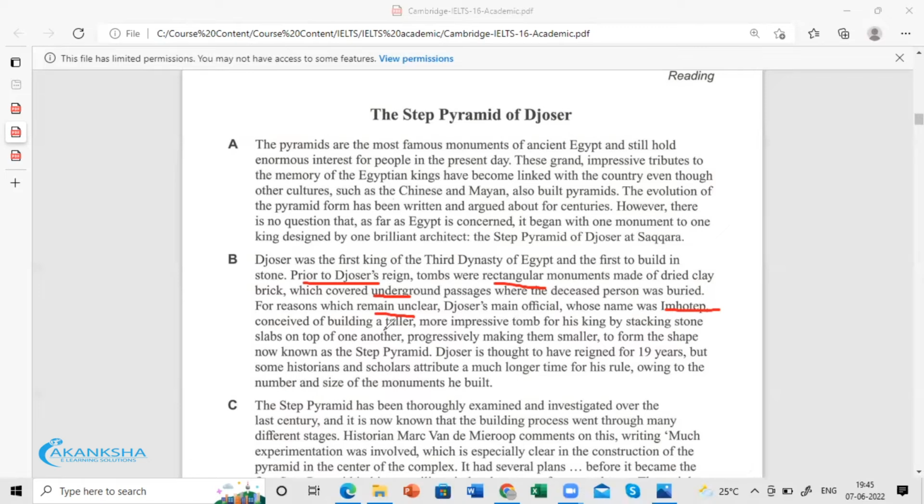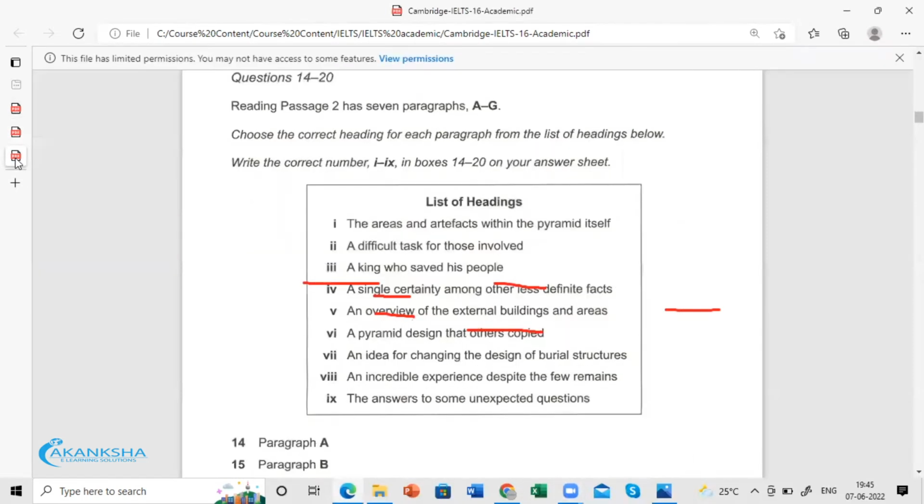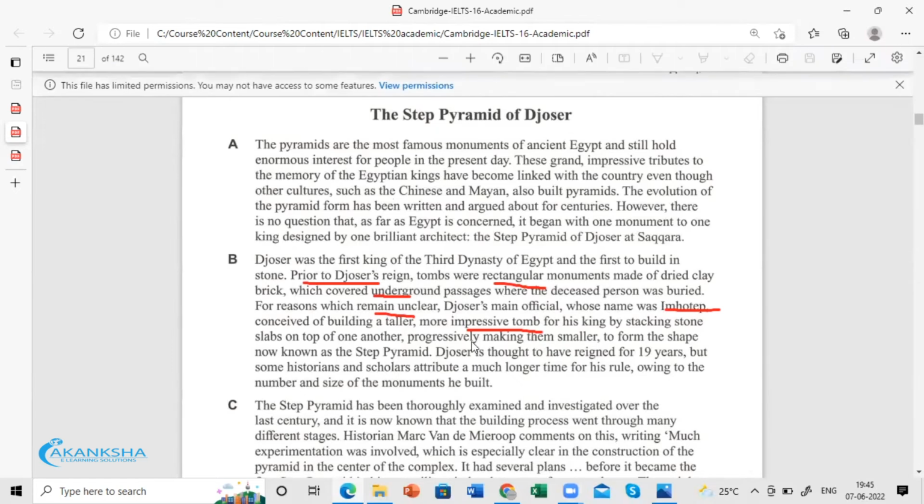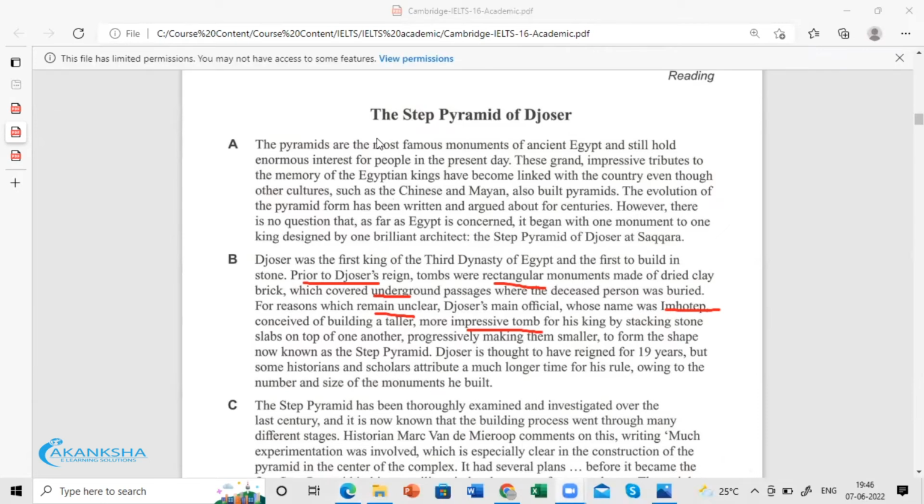Correct. So for burial structure in a heading, burial structure was there. Correct, exactly. And the tomb is a place where you actually bury people. Yes, tomb, isn't it? So, impressive tomb. The word tomb also helps you to select this particular heading.